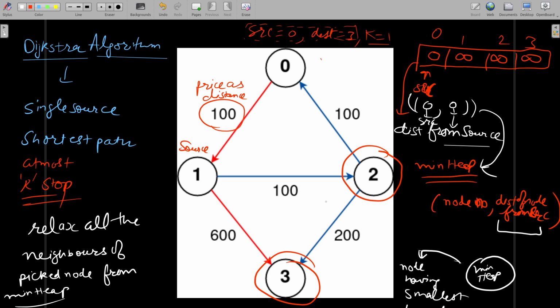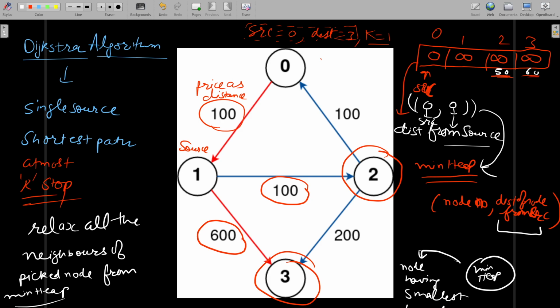Okay, so initially we know that 2 and 3 have infinite as their distances from the source, but we are able to find shorter distances here. Since infinity is larger than 600 and definitely larger than 100, we'll be replacing these values. If that's not the case, let's say these values have been, instead of infinity, 50 and 60.